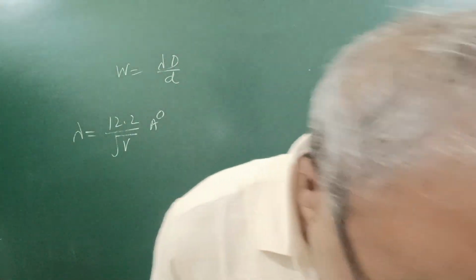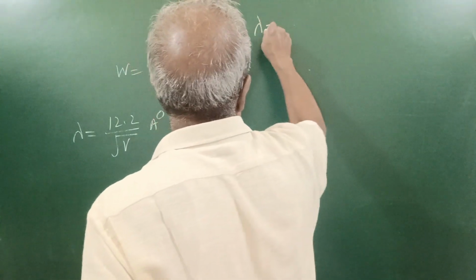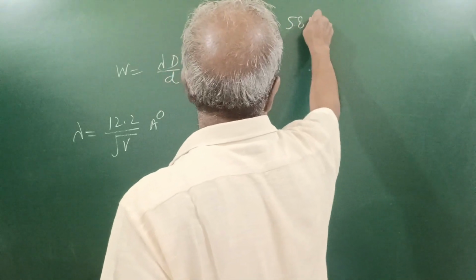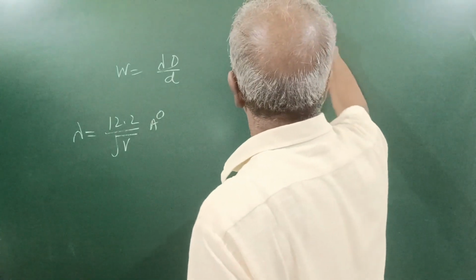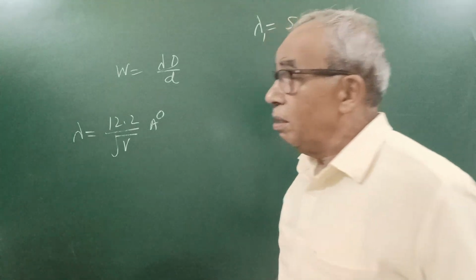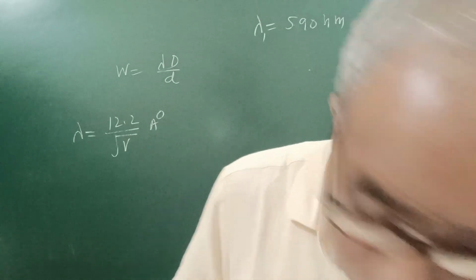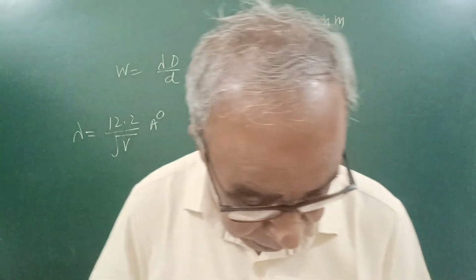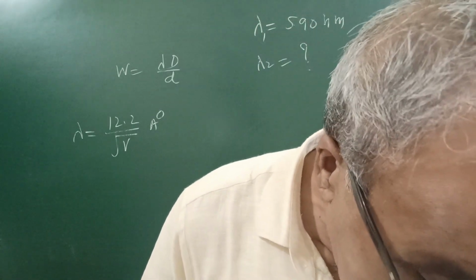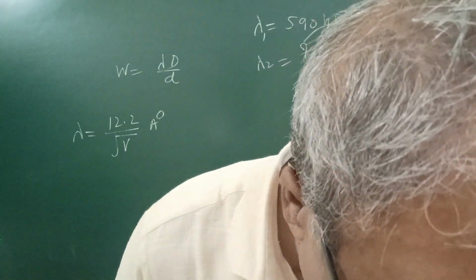A mixture of light consists of wavelength 590 nanometer, lambda 1, 590 nanometer. A mixture of light consisting of wavelength 590 nanometer and an unknown wavelength, lambda 2, which is not known, is used in a double slit experiment and gives rise to two overlapping interference fringes on the screen.